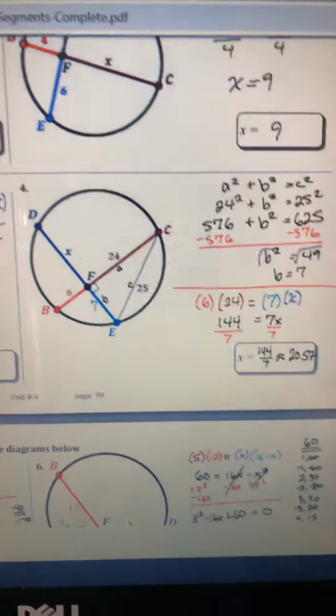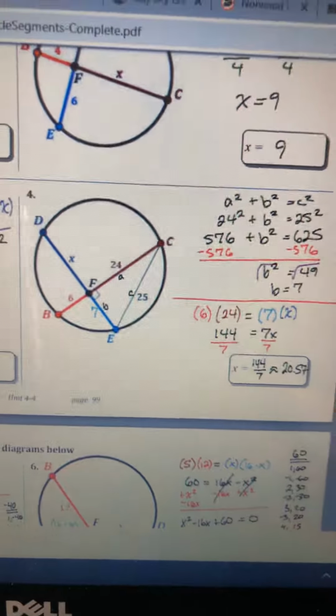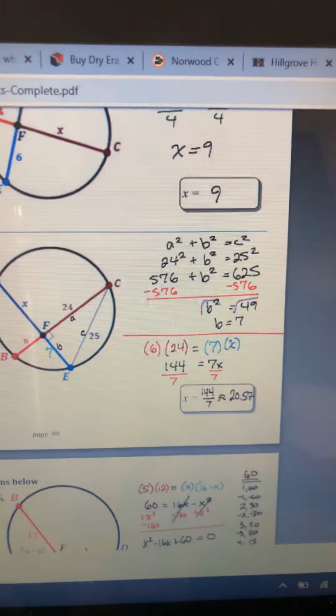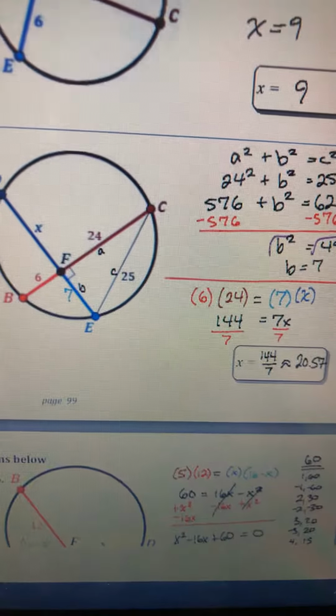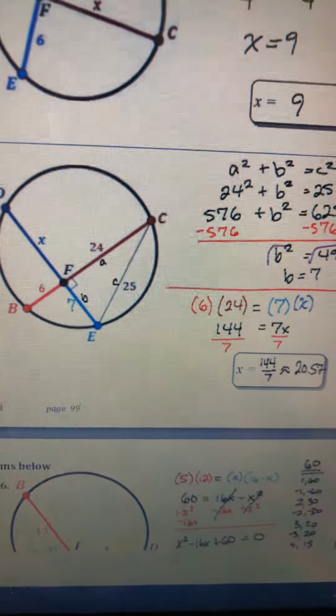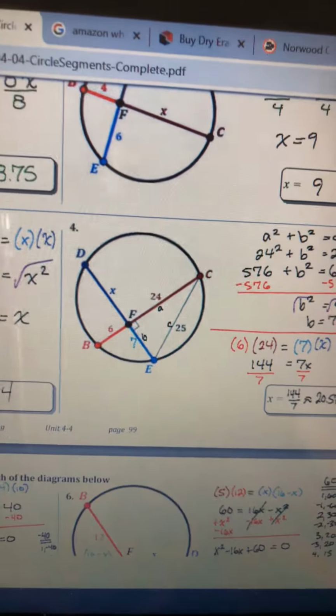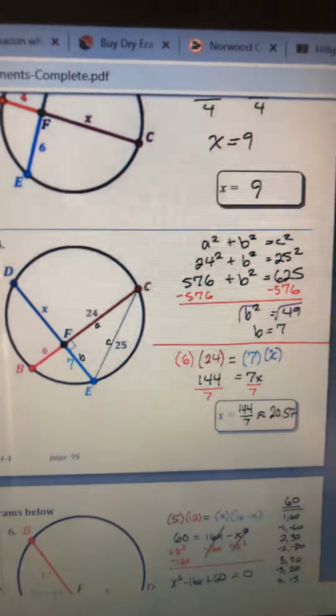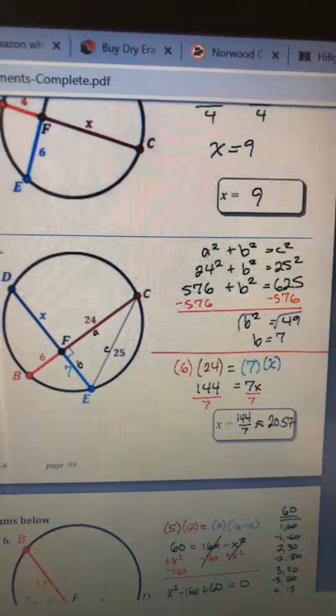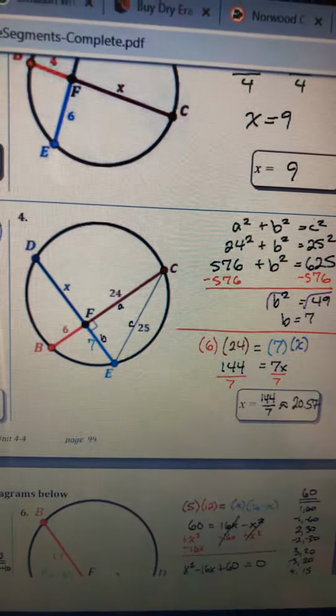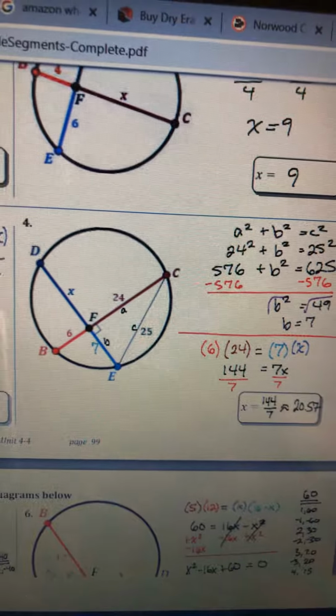Okay, then we jump over to number 4. We see here that we have chord DE, which is broken into X and B, and then we also have another chord, BC, which is broken into 6 and 4.